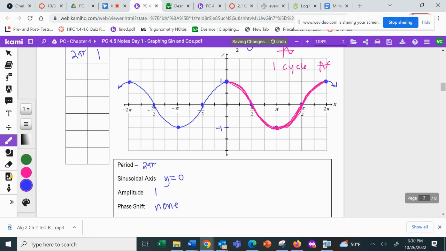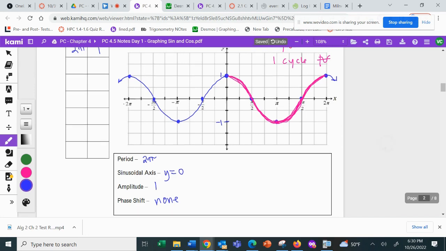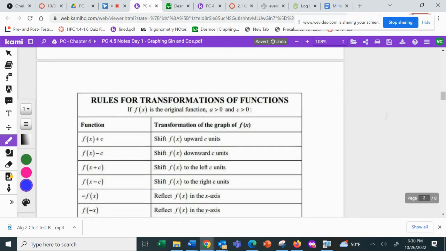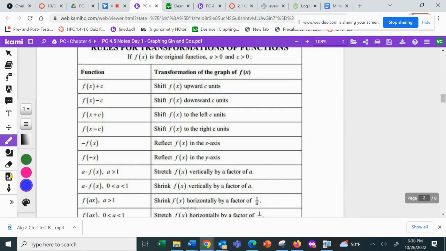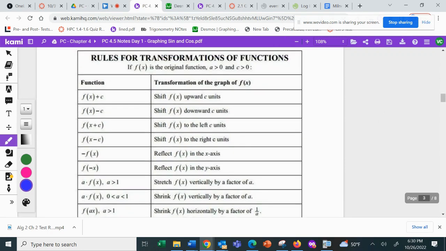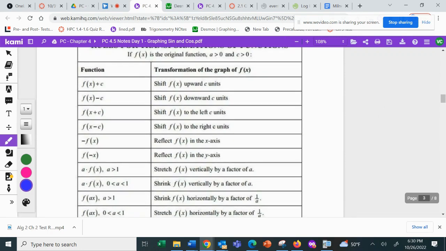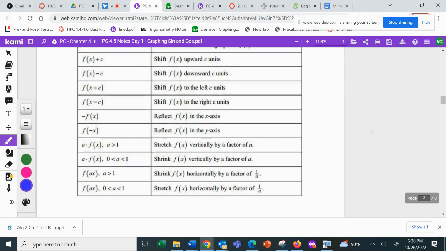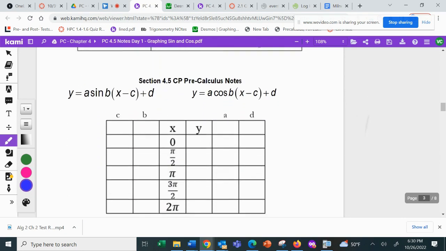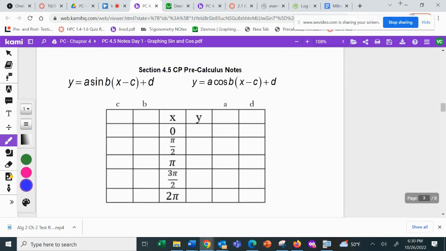So now we start talking about transformations. So I'm going to scroll. The rules for transformations of functions. This is just a reminder of all the stuff that we covered in chapter 1, and you should have covered a lot in algebra 2. Right here, I've got an example of all of the transformations and where they would be in a sine equation or a cosine equation.